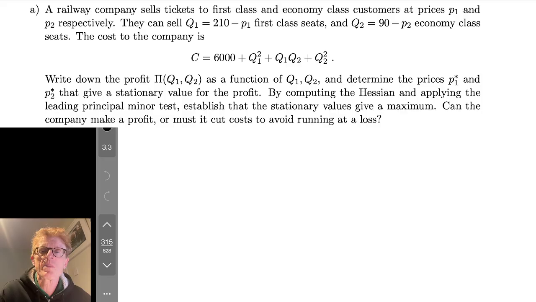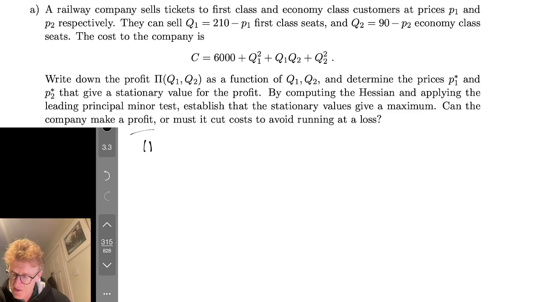A railway company sells tickets. First class, economy class price is P1 and P2. You can sell Q1 is 210 minus P1 first class seats, Q2 90 minus P2 economy class seats. Cost of the company is a debt.